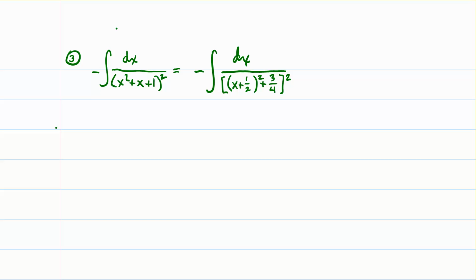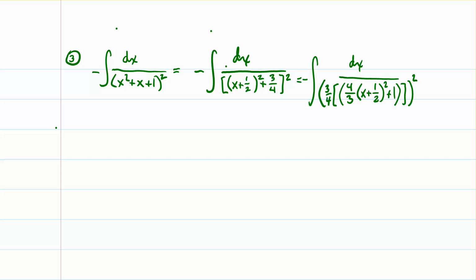And the first thing that we want to do is we want to change that 3/4 into a 1. So I'm going to need to factor out a 3/4 from the whole denominator. Now I know that's really sloppy there. Well, not that it's sloppy, but it is very involved there. So what we're going to do, remember that the whole thing is squared.